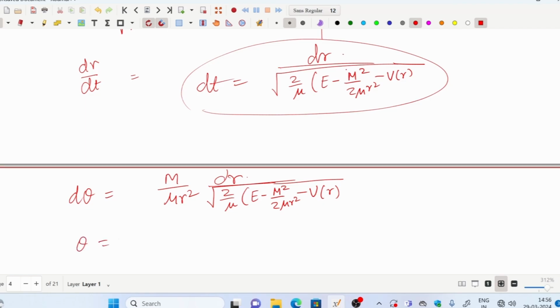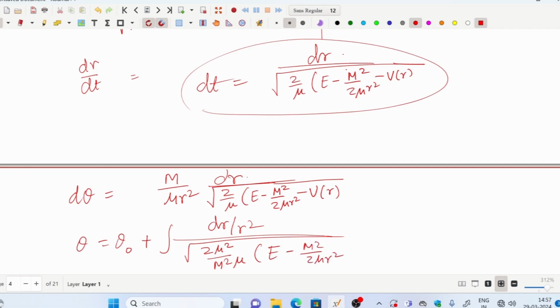So theta equals theta naught plus the integration of dr by r square, and then if you take mu inside the square root, we get 2 mu square over m square times E minus m square over 2 mu r square minus U of r.